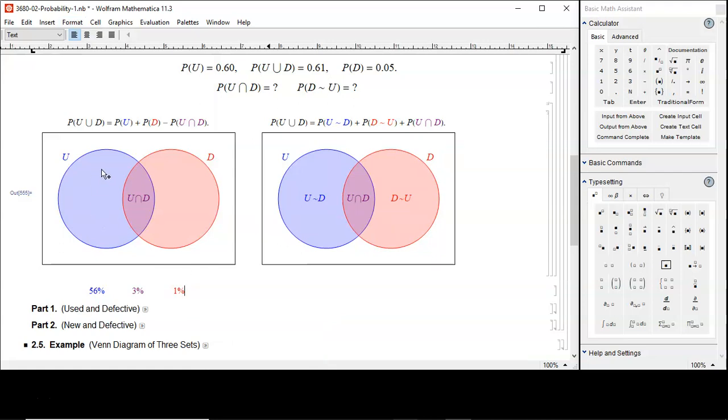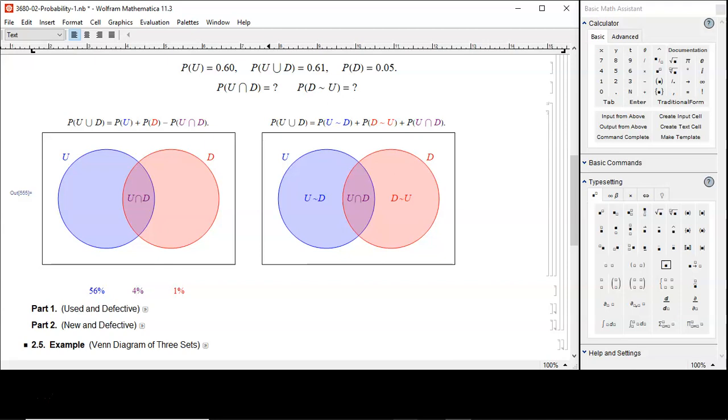So 56%, that's this crescent, and 1%, that's this red crescent, and all those must add up to, wait a minute, this 56, they have to add up to 61, oh, sorry, some computation mistake.